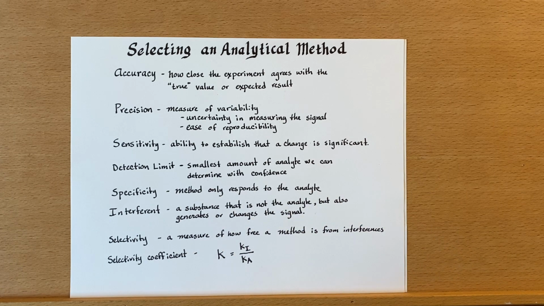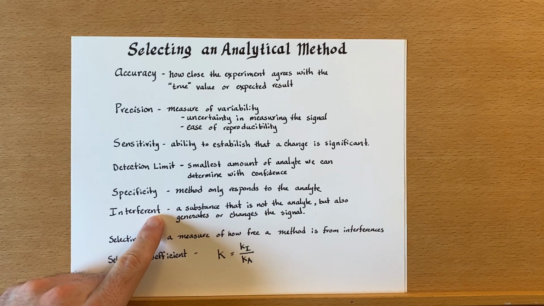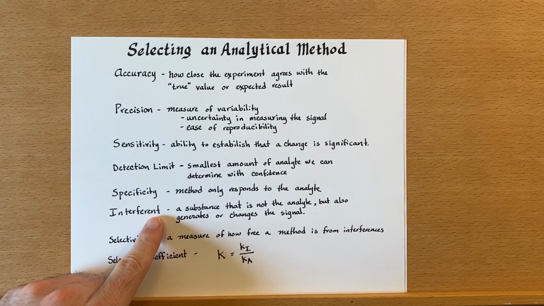So if we're doing a precipitation and we want to know how much of some quantity is there, we want to make sure that there are no interferences in the sample. An example of this could be bromine and chlorine.